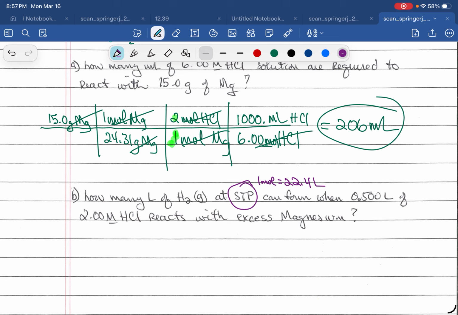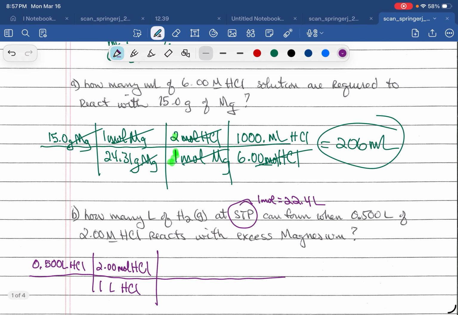Well, that looks like my given. 0.500 liters HCl, 2.00 moles HCl per 1 liter of HCl.